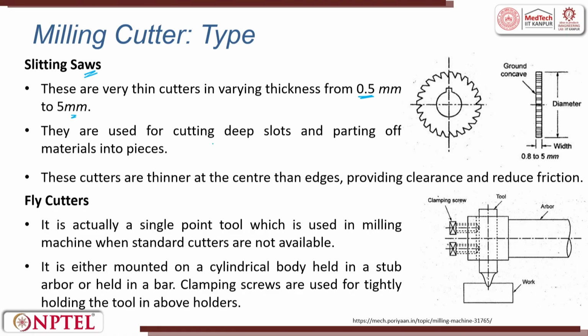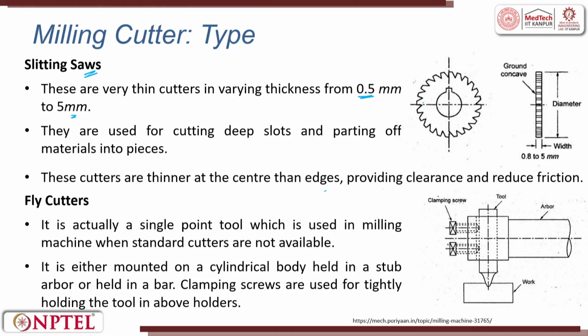They are used for cutting deep slots and parting operations. These cutters are thinner at the center than at the edges, providing clearance and reduced friction. The teeth will be sharp, and when the teeth cut there is also friction, so we try to reduce it by making the cutter thin, so that the portion apart from the teeth does not come in contact with the workpiece.